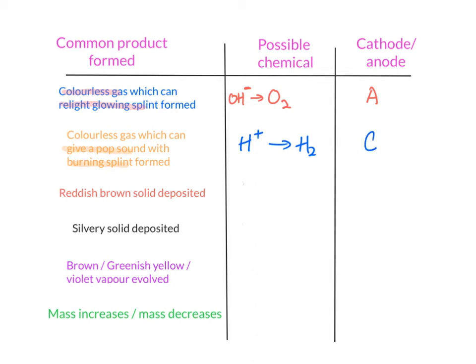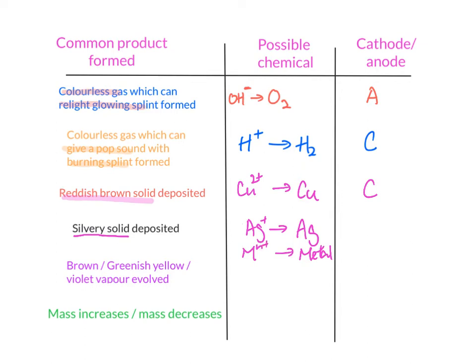And then if it is a reddish brown solid, we know that we're referring to copper. So beforehand, it should be Cu2 plus. That one should be cathode. Silvery solid, maybe silver, maybe another kind of metal. But anyway, they have to be cations, so in this case, that will be cathode.